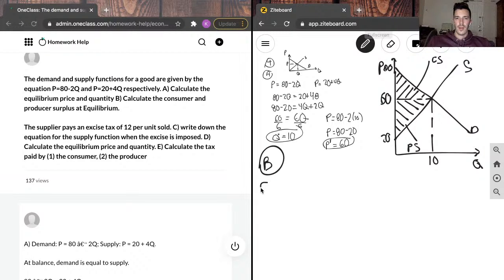So we can do the consumer surplus first. This is a triangle, obviously. So the height of the triangle is going to be from this point to this point, or 80 minus 60. That's the height. And our base, we know that Q is 10 here and Q is 0 here, so our base is going to be 10.